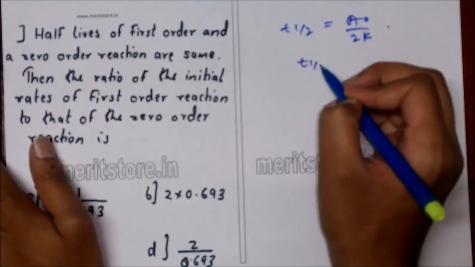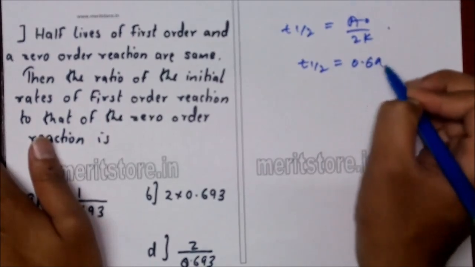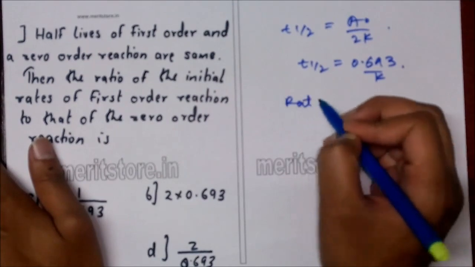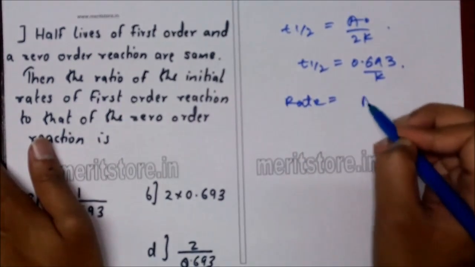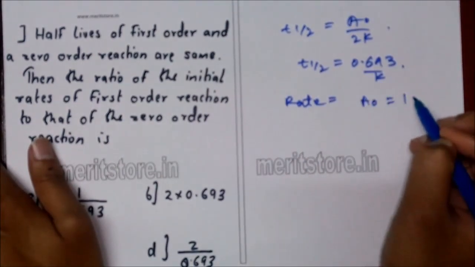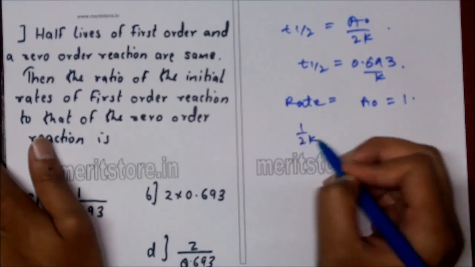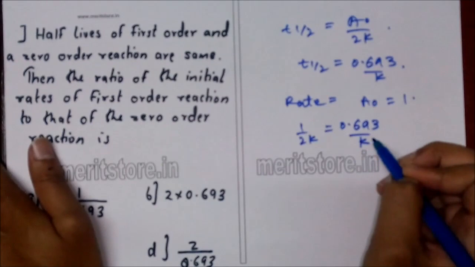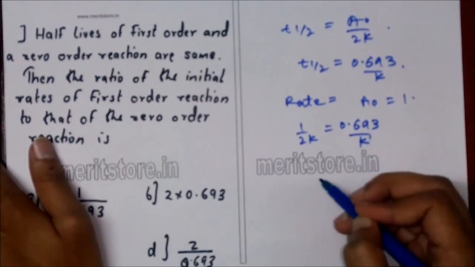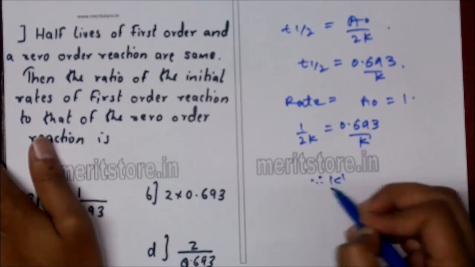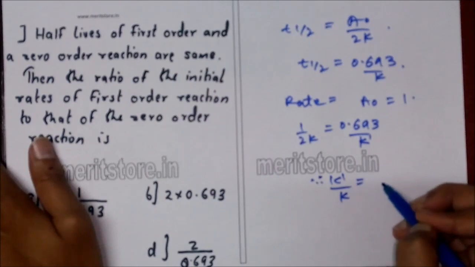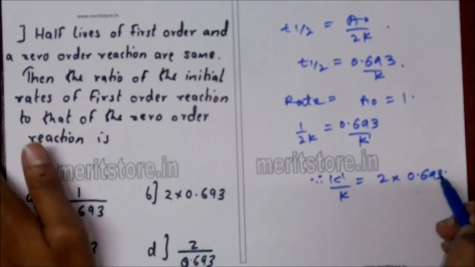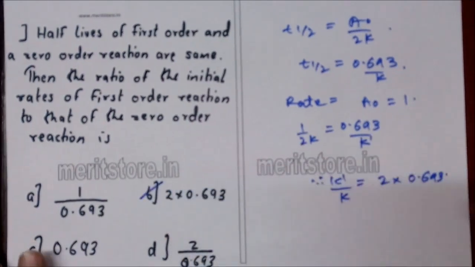T half for first order reaction is 0.693 upon K. Taking initial concentration A0 equal to 1, 1 upon 2K is equal to 0.693 upon K dash. Therefore K dash upon K is equal to 2 into 0.693. So option B is the correct answer.